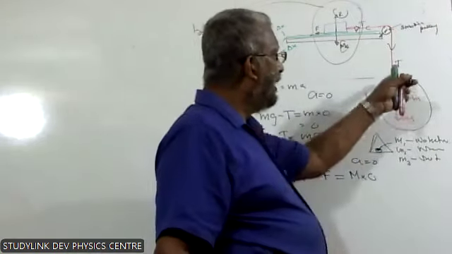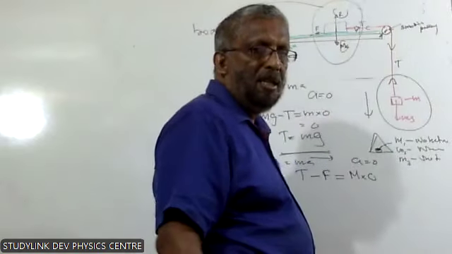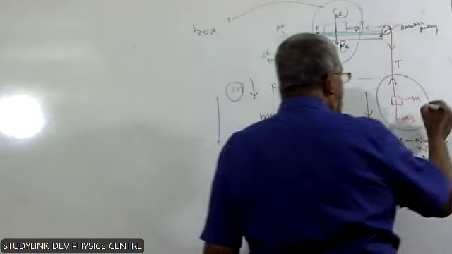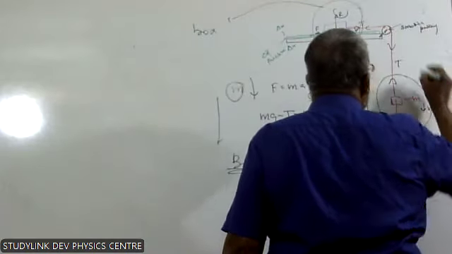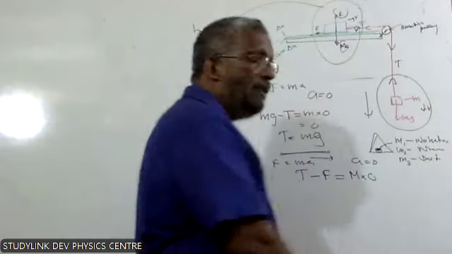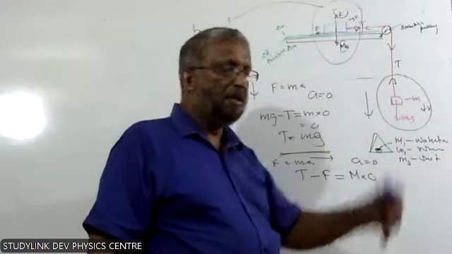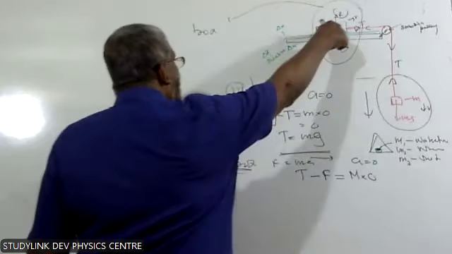The reason is, if it is moving with constant velocity, this is also moving with the same magnitude of velocity. If this is symbol V, this is V. But you can't say both are moving with the same velocity, because direction changes. Same magnitude of velocity. So the acceleration is 0.